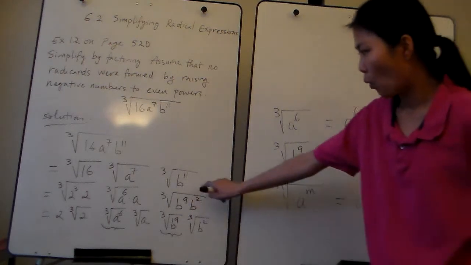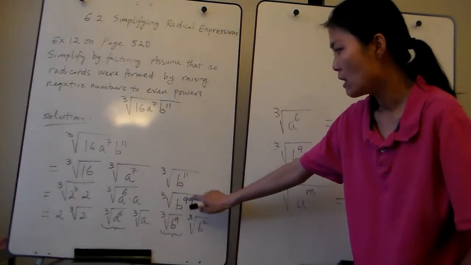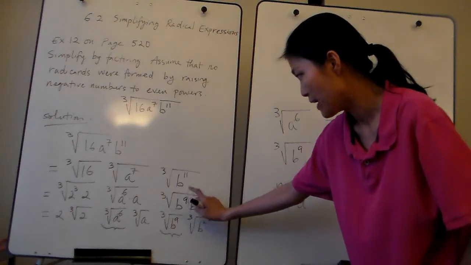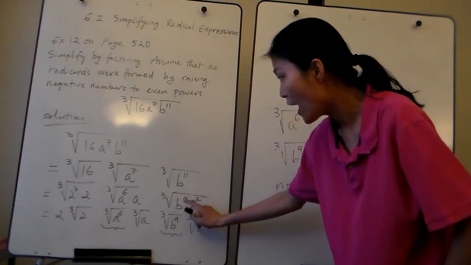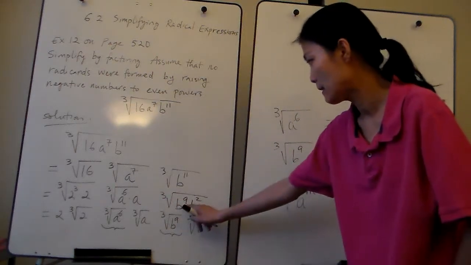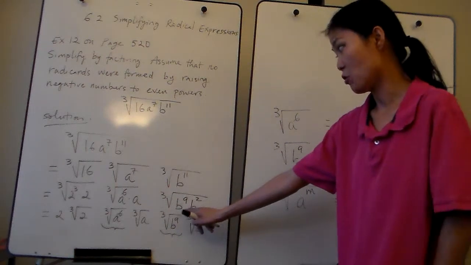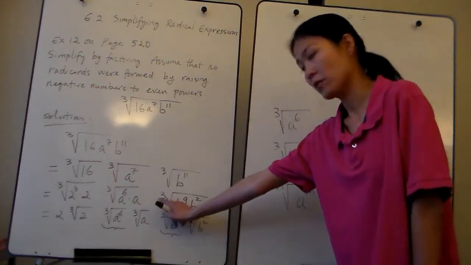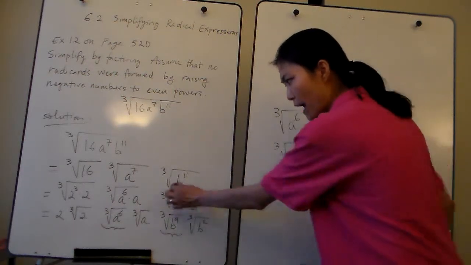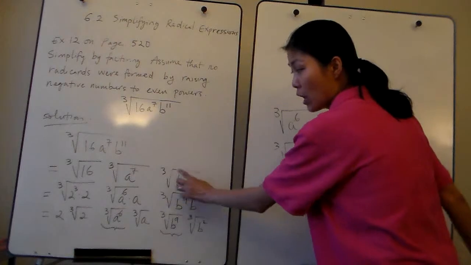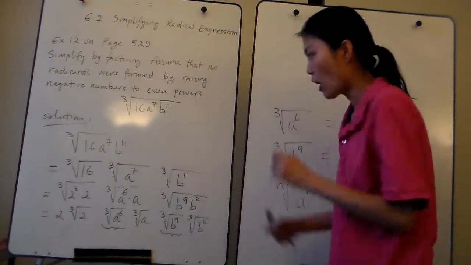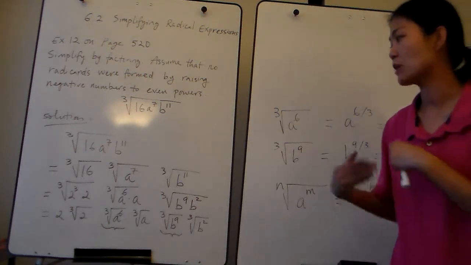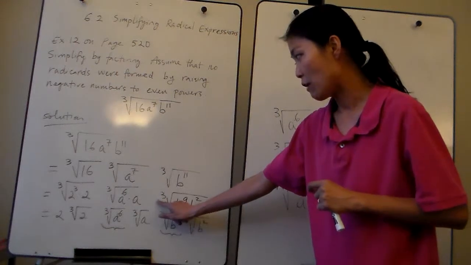That's the reason why when I have b raised to 11, I intentionally split it in a way that I have 9, and 9 you can divide by 3 evenly. If I factor this into b to the 10 and b to the first power, 10 cannot divide by 3. So when you factor a variable that has an exponent greater than the index, try to come up with exponents that are multiples of 3 that you can use later to simplify with the cube root.